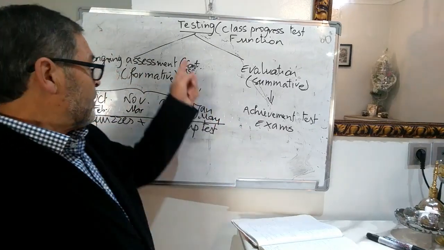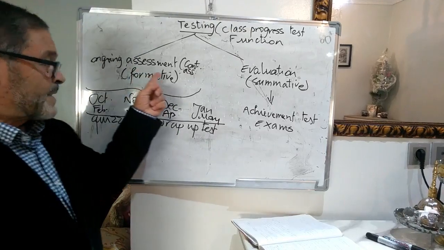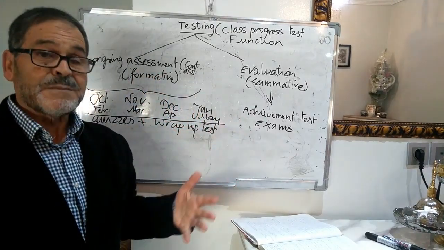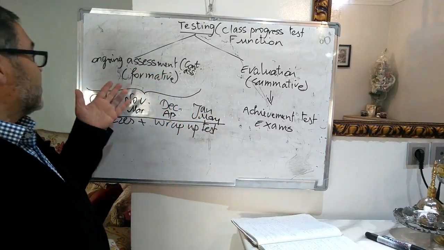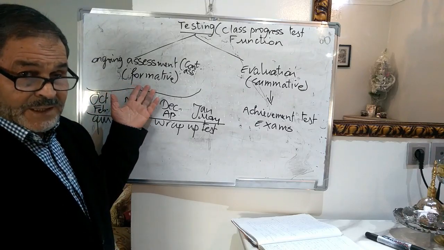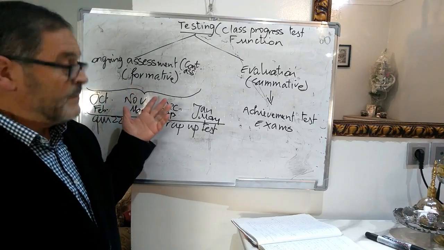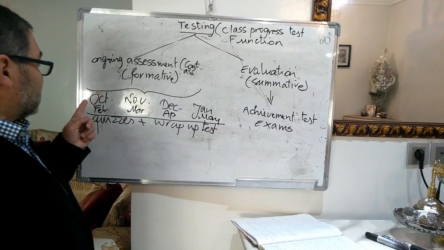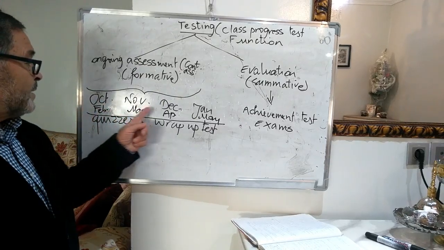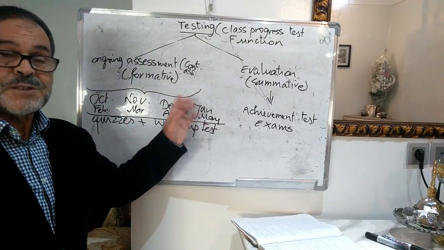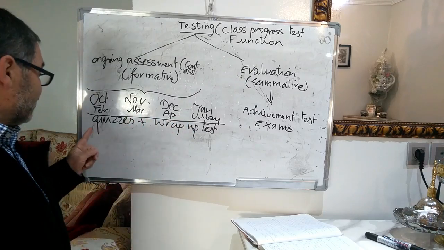What is it? So here we have ongoing assessment or continuous assessment, المراقبة المستمرة. So it is formative. We are going to see why formative, and we can start from October, November, December, January. Up to here, we have what? 3 quizzes.